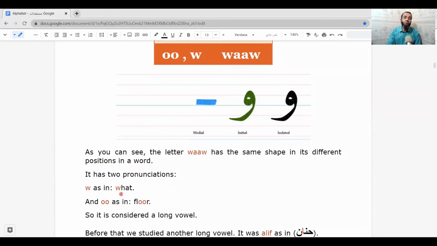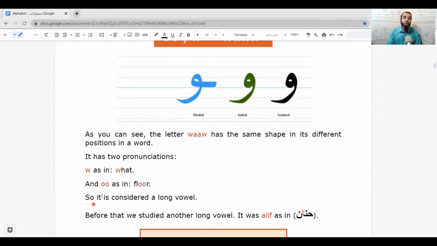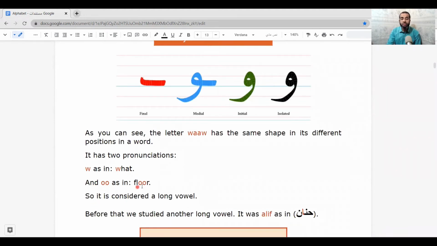Wa as in what, and woo as in floor. So it's considered a long vowel. Before that, we studied alif. Now we study woo, wow. This is the second long vowel. Before that, we studied another long vowel. It was alif as in Hanan.